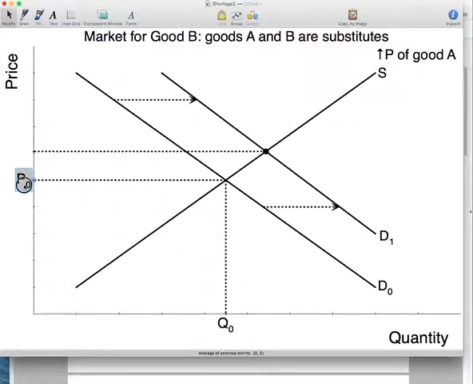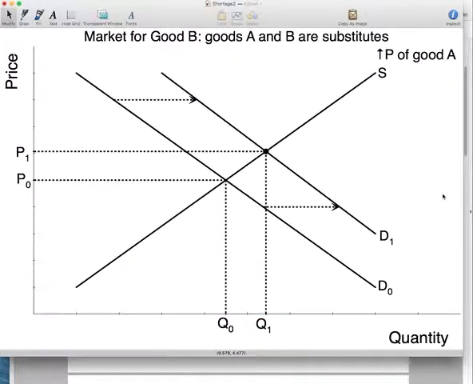We will label that P1 to signify that this is related to the new demand curve D1. And we will have the same thing for equilibrium quantity. We go from that equilibrium point straight down. And we label that Q1 to signify that that is the new equilibrium after the shift of demand curve D0 to D1.